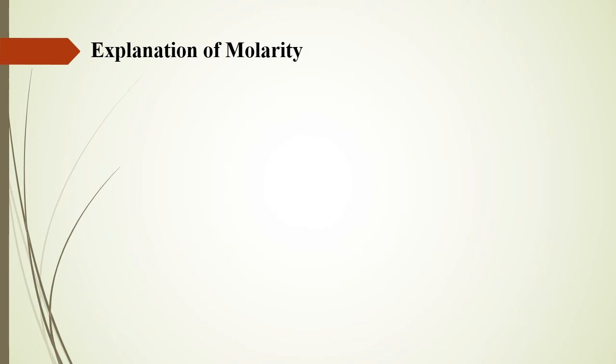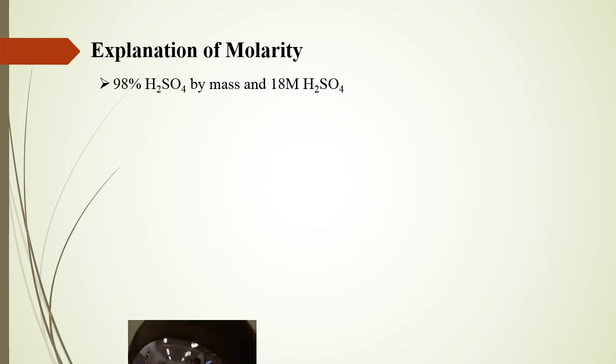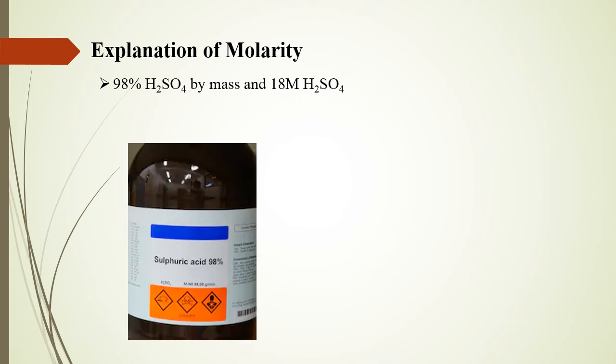Now the explanation of the molarity. For example, I'm going to say that I have to prepare 0.1 molar H2SO4, and 98% by mass and 18 molar H2SO4. What does this statement mean? If you read the label on this bottle of the concentrated sulfuric acid, it's written over here that it is 98% pure and 18 molar H2SO4. 98% H2SO4, you have already discussed the percentage concentration unit.